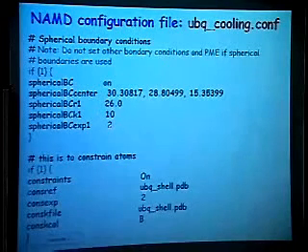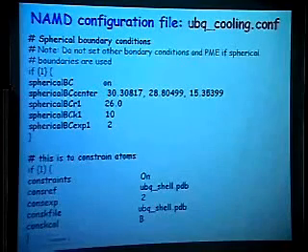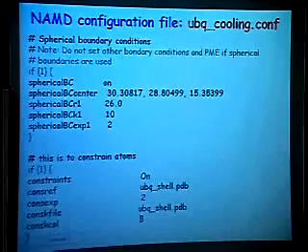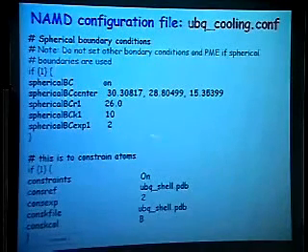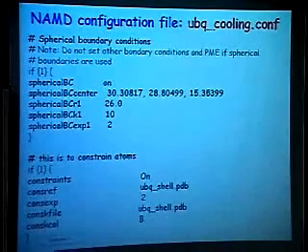Here you are really using a harmonic force, kx squared divided by 2 being the potential energy. This is actually the default value. You don't necessarily have to write it down, but it's a good idea to keep track of it. Anyway, I recommend that you go into the NAMD user guide and look up the description of all these parameters.